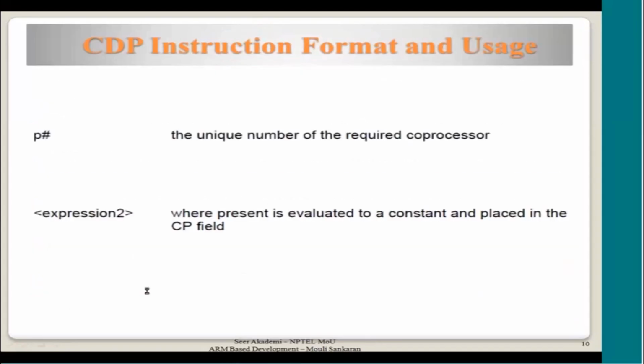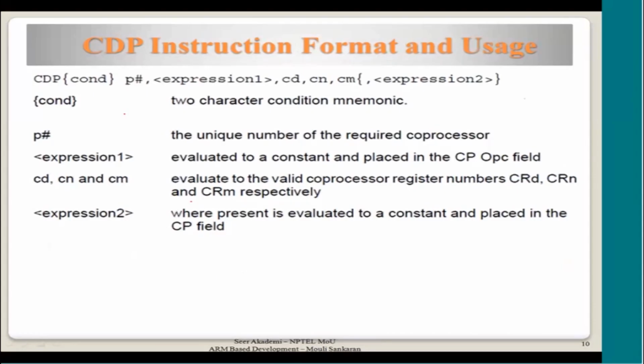It looks complex, but see, for this condition code you can mention either EQ, NE, or MI, anything you can give. The CDP is an indicator that it is a coprocessor data processing instruction, but for the mnemonics, what you want to write here, if you want to do FAD, you can do that also.